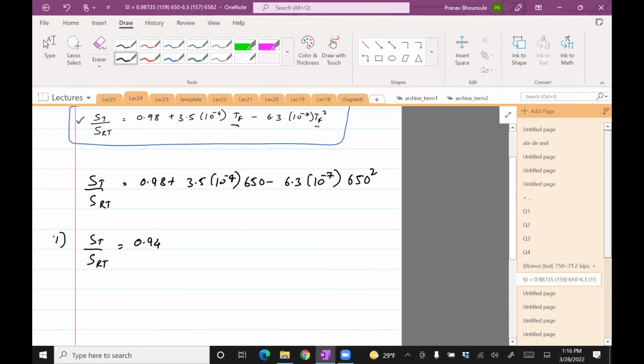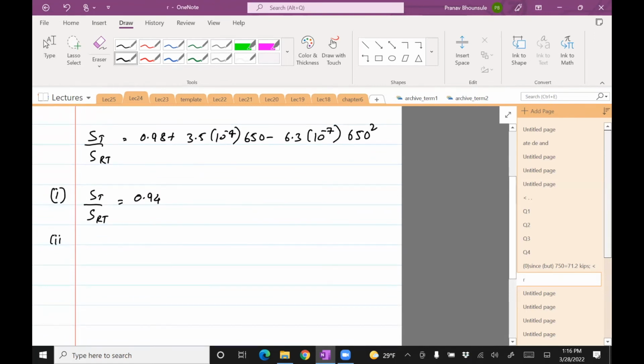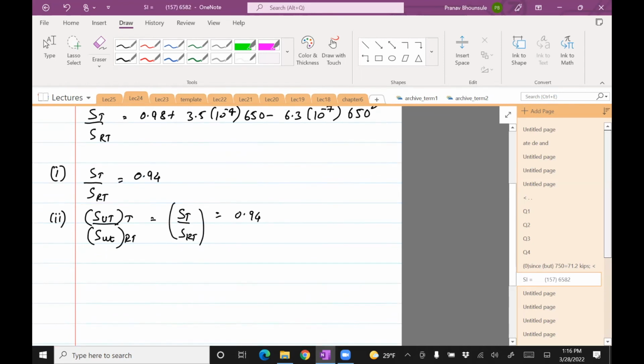This was step 1. Step 2 is SUT at T. SUT at room temperature is ST, 0.94.